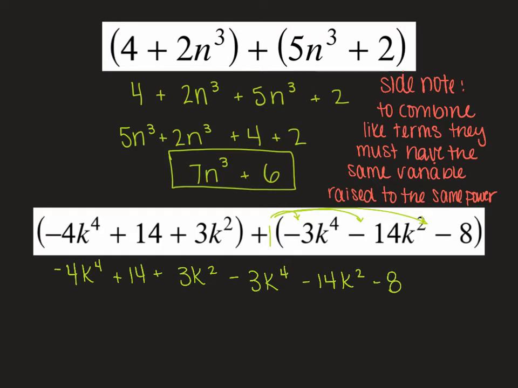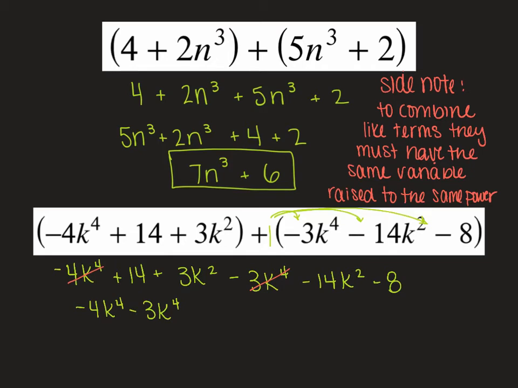So now we can rewrite, starting with our highest degrees, working down to constant terms. So we have negative 4k to the fourth, and then I have a minus 3k to the fourth. One thing that I usually do as I'm working, once I rewrite a term, I cross it out just so that I know that I've already rewritten it, so I don't make any mistakes or forget any terms or maybe write a term twice by accident.